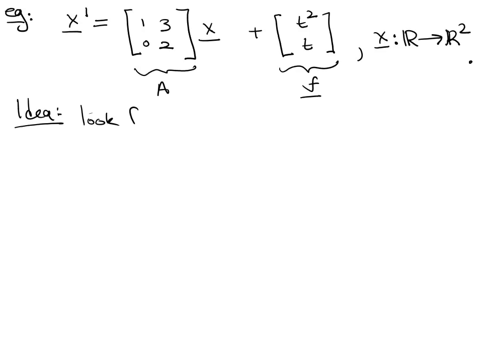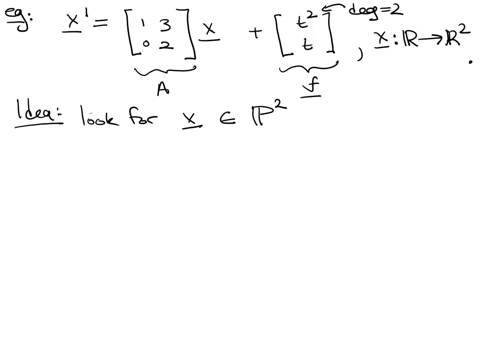So the idea is to look for a solution x restricted to a specific subspace of functions, polynomials. P^2 is vectors in 2 dimensions whose entries are polynomials. We probably don't want polynomials of arbitrary degree because remember this is a quadratic polynomial. The degree is equal to 2.